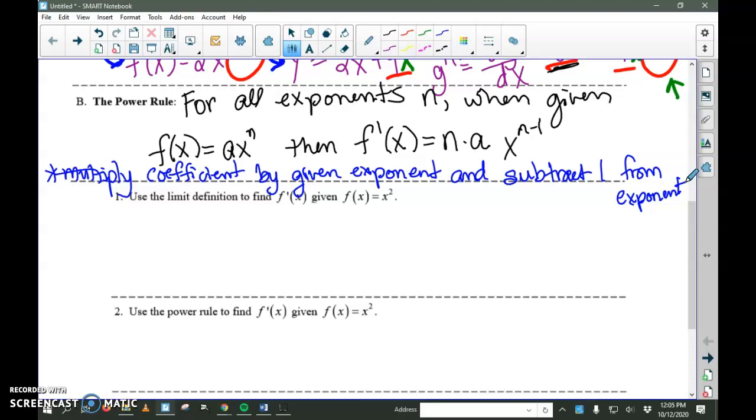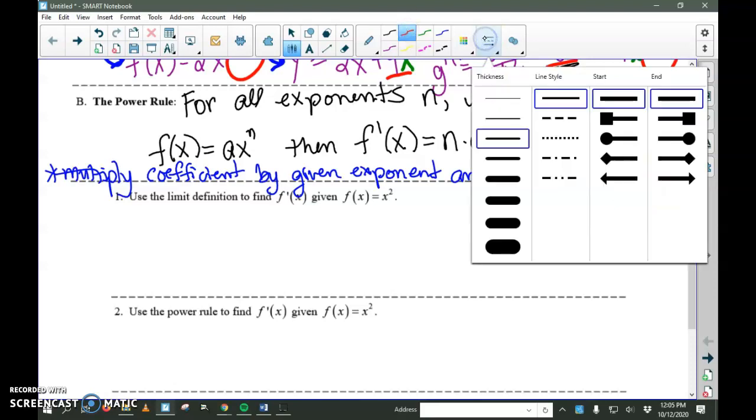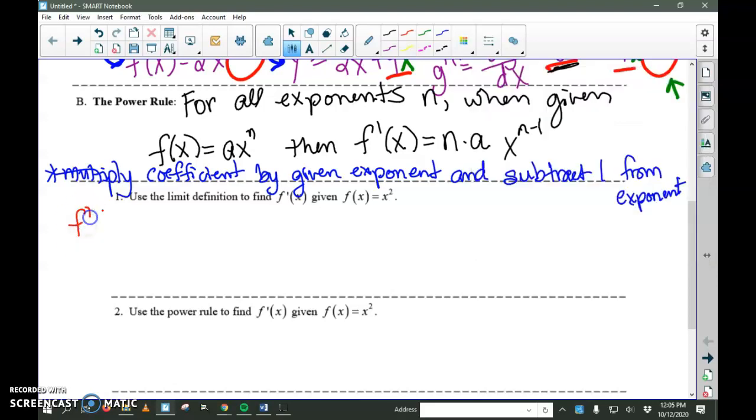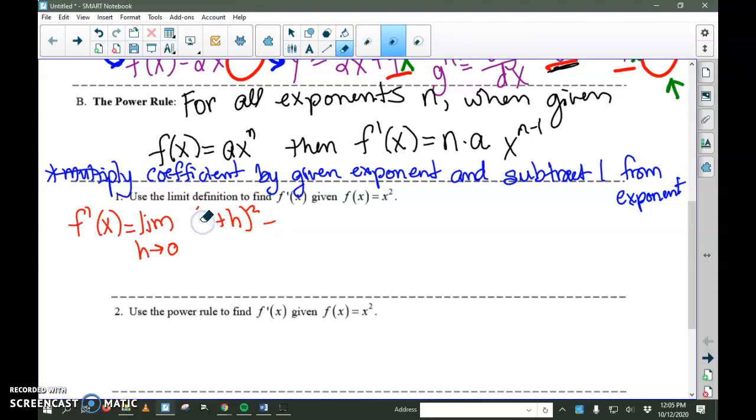Now it says use the limit definition of a derivative to find f prime of x, given that f of x equals x squared. So f prime of x is equal to, and because I'm not given a specific x value, I'm just going to use that second limit definition of a derivative. I'm going to use x's instead of a's just because they've said find f prime of x.